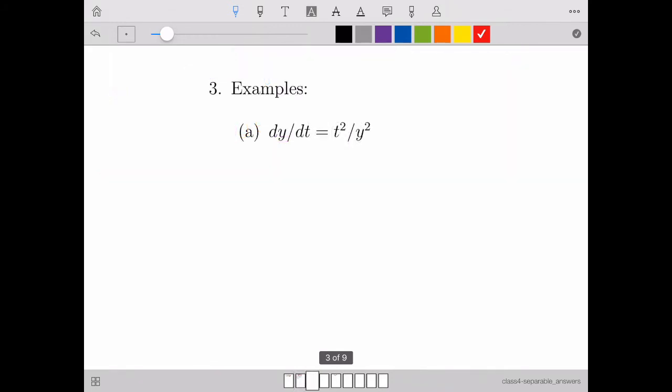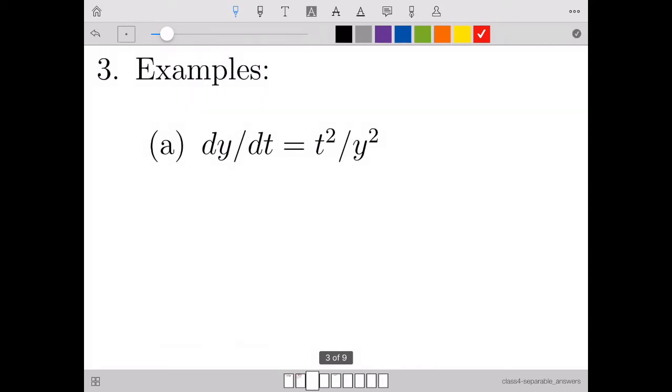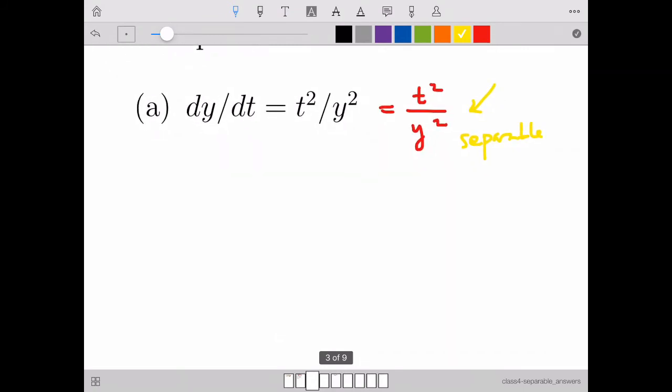So for example, number 3, dy dt is t squared over y squared. So the variables are separated, so it is a separable equation. Yeah, so write that in standard form.